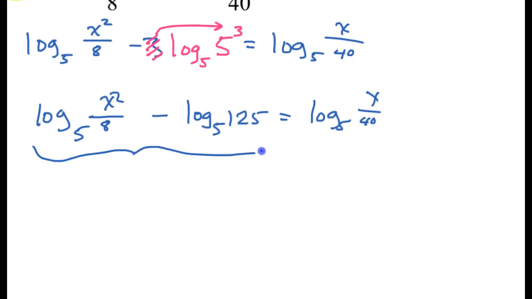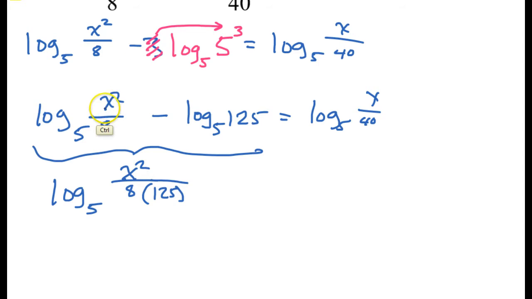Now I will use the quotient rule. This will condense down to a fraction. Division. So I'm going to have log base 5 of x squared over 8 divided by 125. Now when you divide a fraction by something, all you do is put the thing you're dividing by in the denominator.